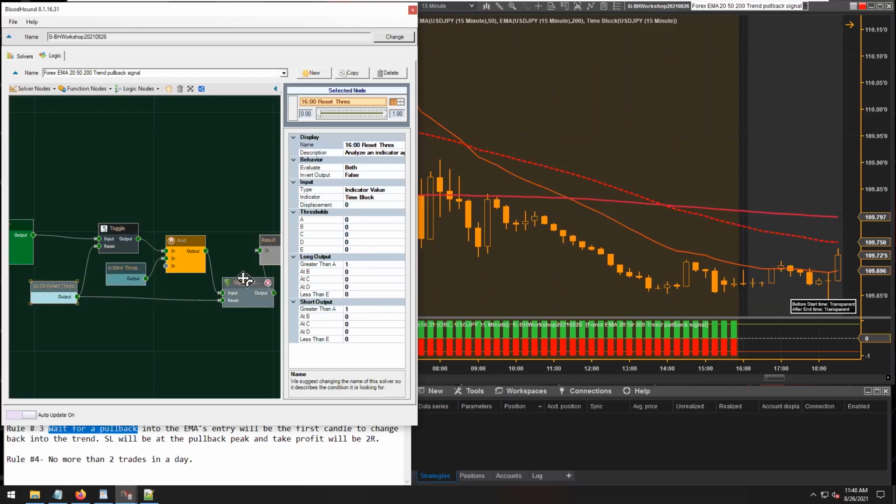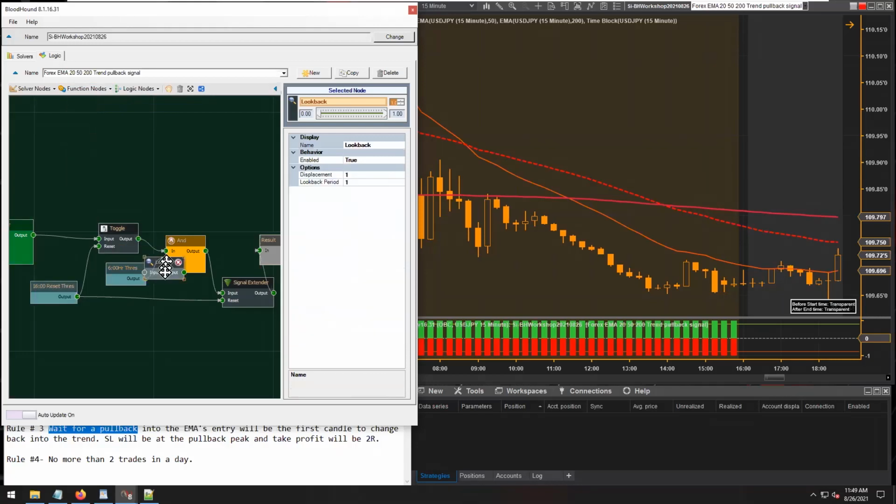But the signal extender, if a reset signal comes in, will turn itself off immediately on that same bar. So I need a look back node to add a delay mechanism, right?